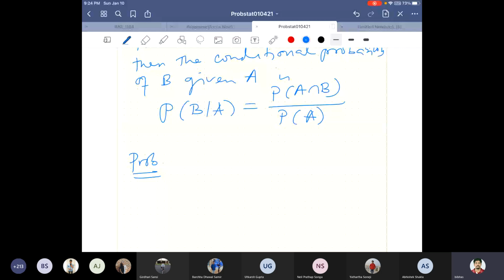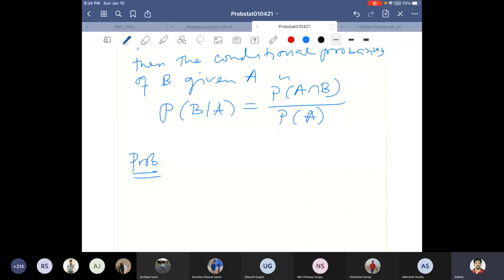Suppose I give you a die. It has 6 faces, and I have designed this die in such a way that the appearance of an odd number is twice as likely to occur as an even number.